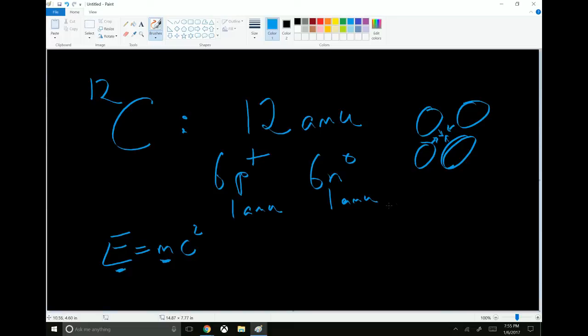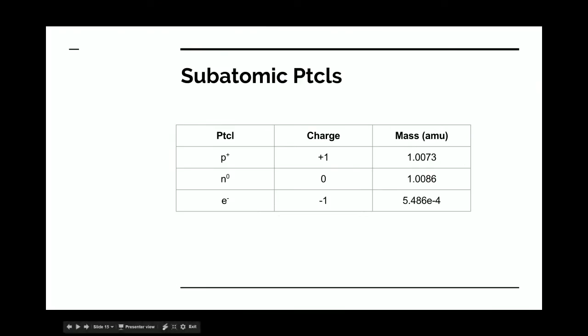In order to hold the nucleus together, they have to sacrifice some mass. So an individual proton weighs more than 1. An individual neutron weighs more than 1, because they haven't yet sacrificed that energy. As you keep piling more and more of them into the nucleus, the atom gets heavier and heavier. The atom gets heavier, yes, but each individual proton and neutron sacrifices more of their mass to hold the atom together. So that's why they're not exactly one.